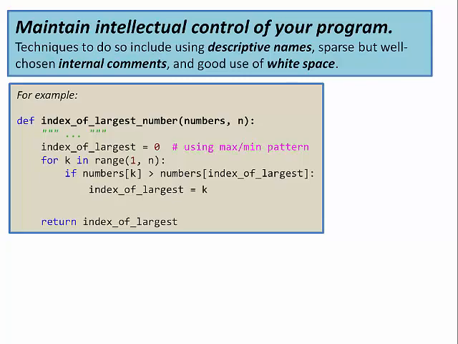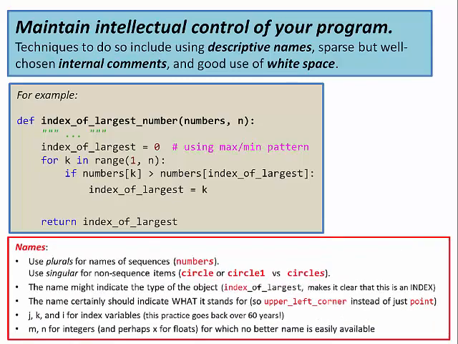For example, in this code shown right here, the index of largest number function, in terms of names, you should use plurals for names of sequences. So numbers for a sequence of numbers. Almost all lists or other forms of sequences should have a name that ends with an S, a plural.